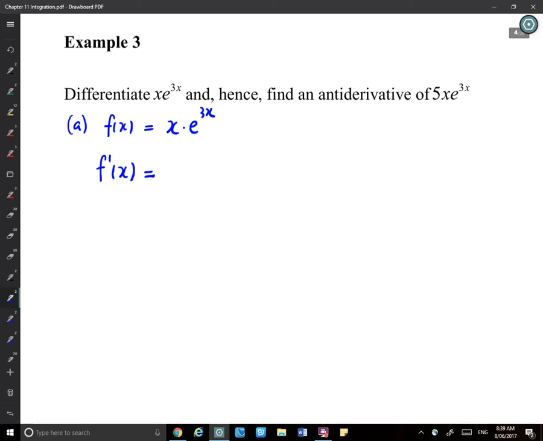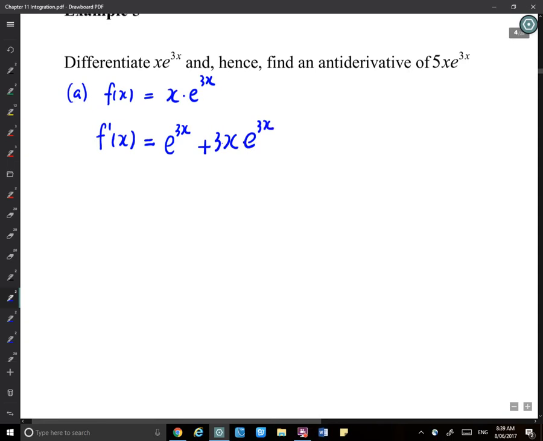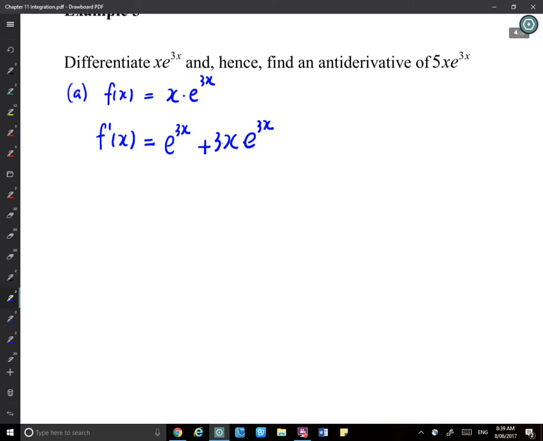We differentiate one and keep the original of the other, plus keep the original of that one and differentiate the other one. Differentiating x gives 1, so we have e to the power of 3x plus x times, what's that? The derivative of e to the power of 3x is 3e to the power of 3x. So times 3e to the power of 3x. That's the differentiation.